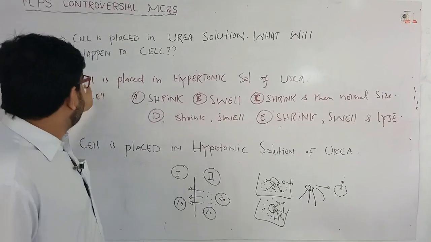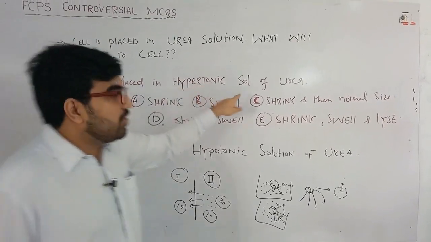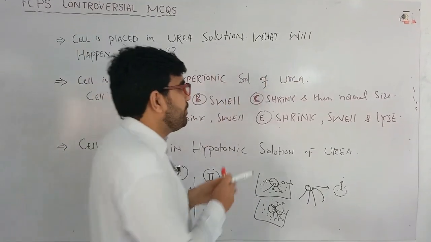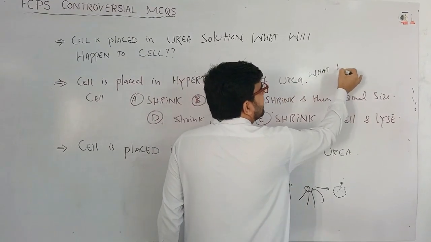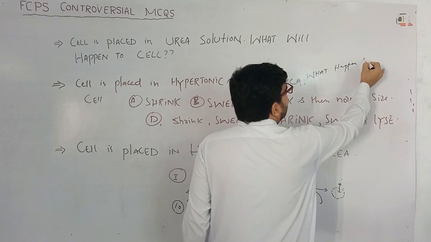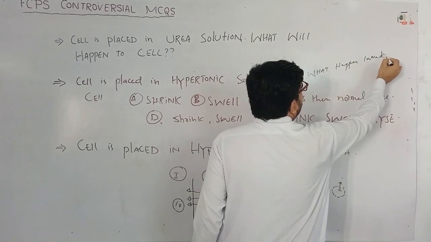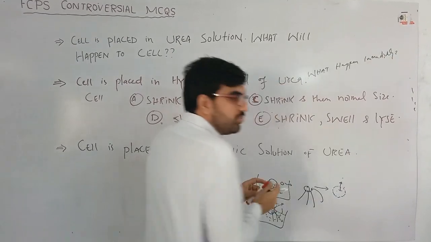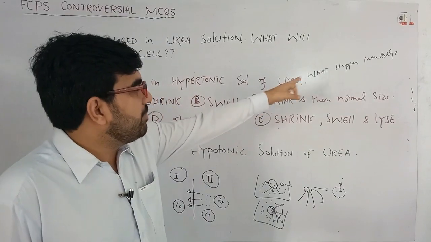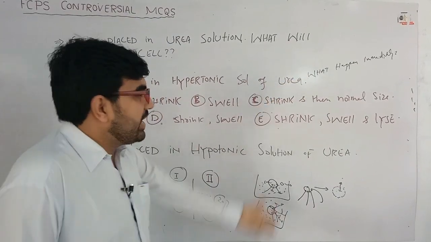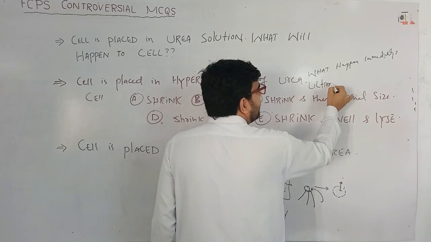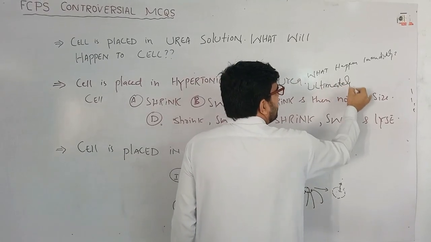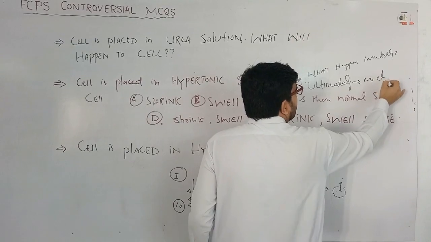Another MCQ is: a cell is placed in a hypertonic solution of urea. What happened immediately? That is actually the answer to what happened immediately. What happened ultimately? Ultimately means no change.